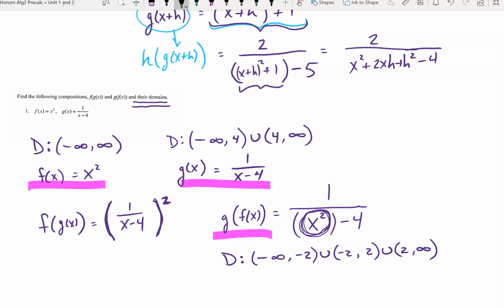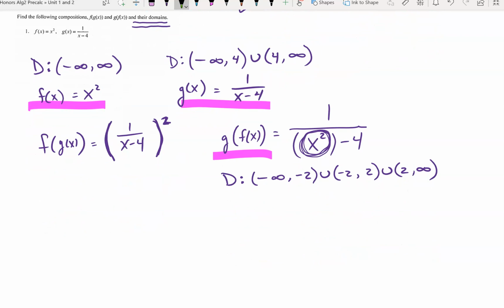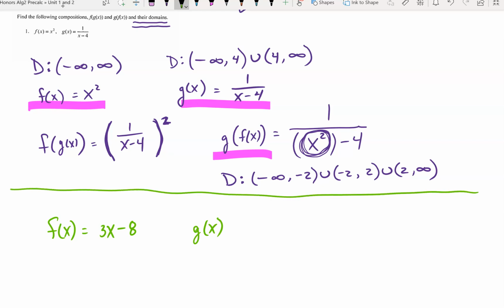The other thing I wanted to remind you of is if you are going to, for example, have a function like f of x is equal to, let's say, 3x minus 8. And we have our g of x, which we think might be an inverse function. So we're turning our attention away from domain and to this idea of inverse function, right?